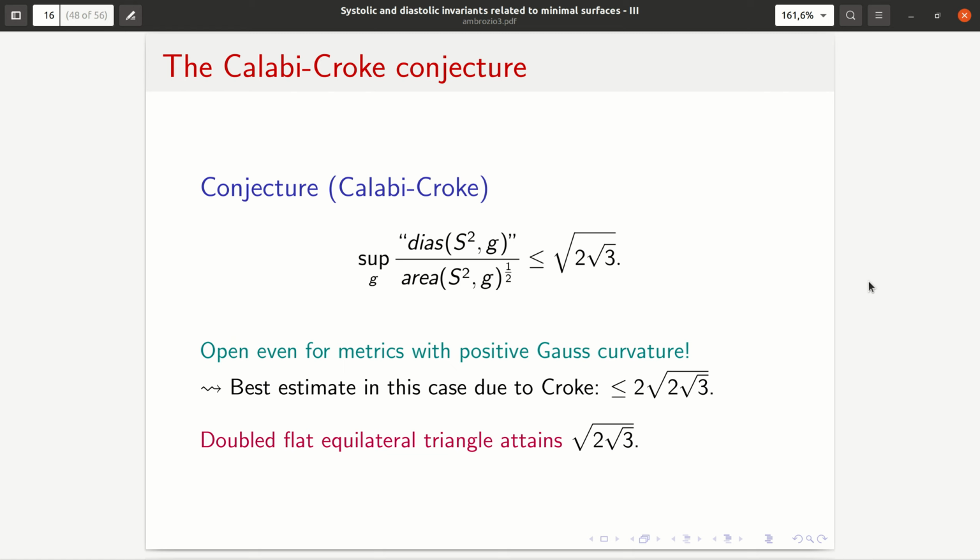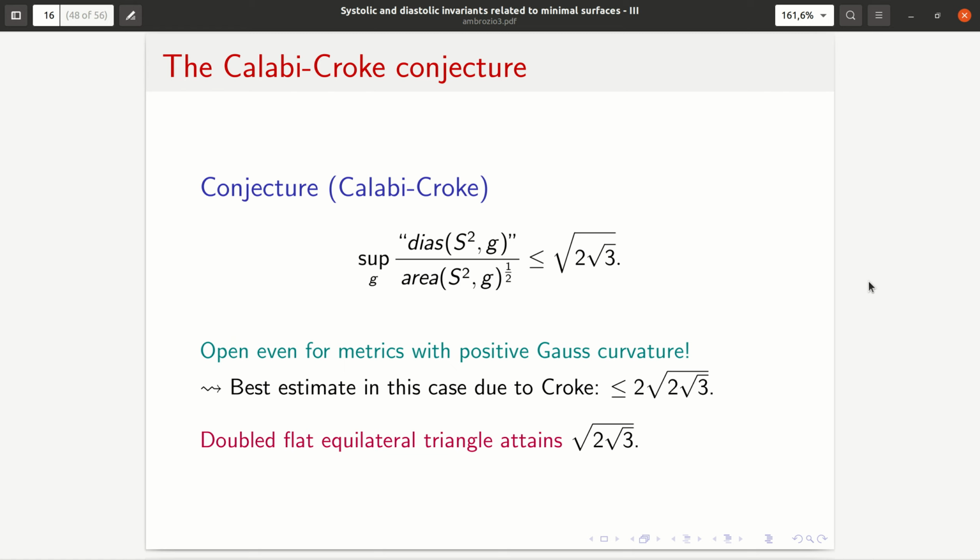If you study the diastole of such a singular object, you see that it is a certain number that, if you divide it by twice the area of the equilateral triangle, what you get is precisely square root of 2 times square root of 3.